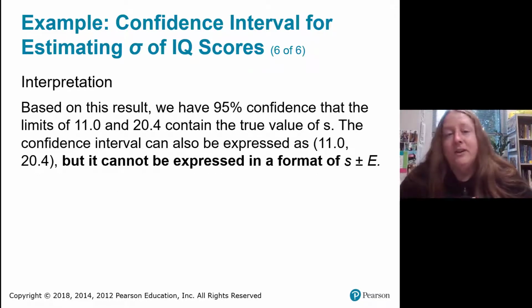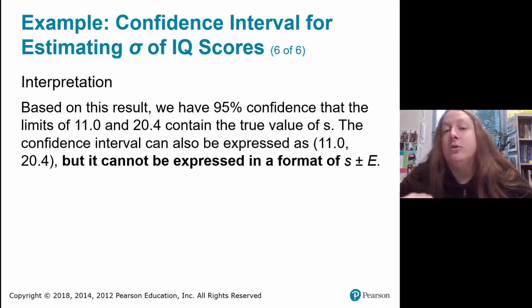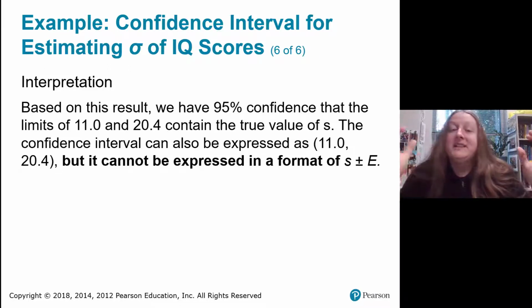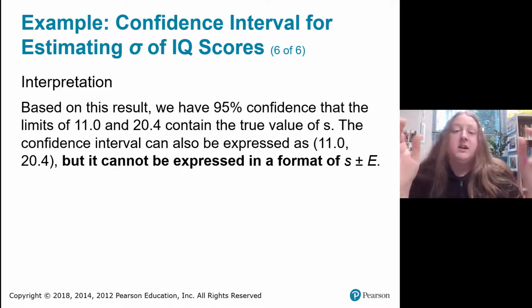So now that we have all of this, we can interpret it. Based on this result, we have 95% confidence that the limits of 11.0 and 20.4 contain the true value of, that should be a sigma instead of an S, the population standard deviation. The confidence interval can also be expressed in interval notation as 11.0 to 20.4, not inclusive.